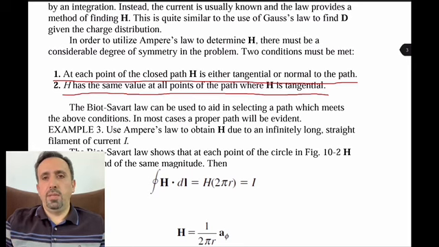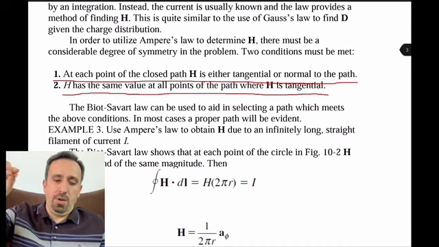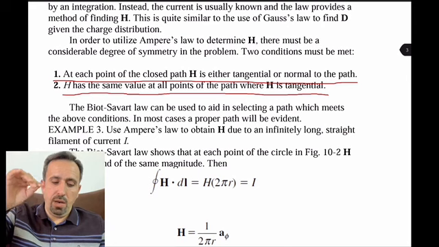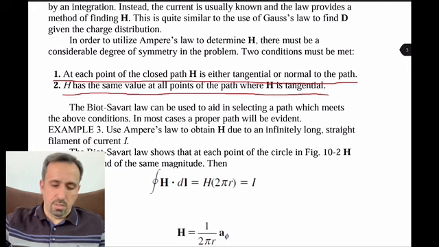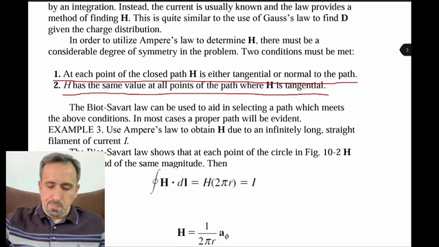You cannot take a certain section where H is tangential while the magnetic field is not equal. This will be better understood by having a certain example.